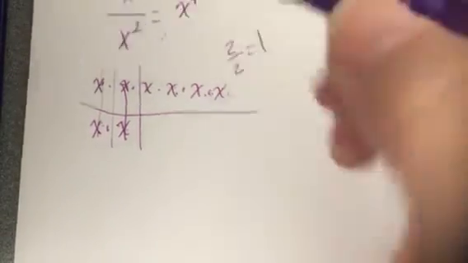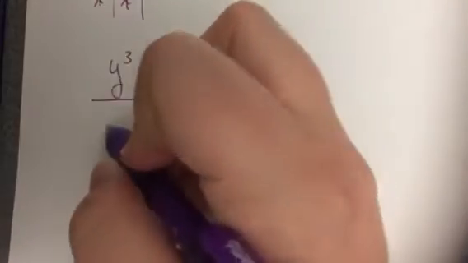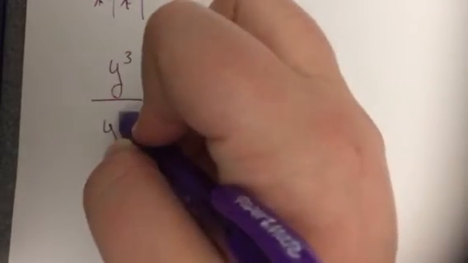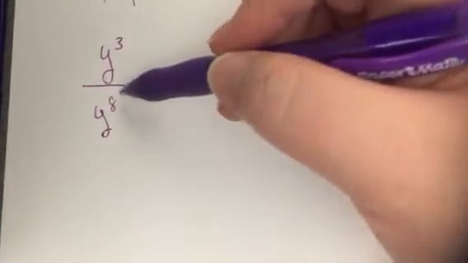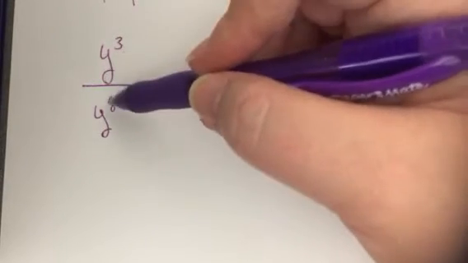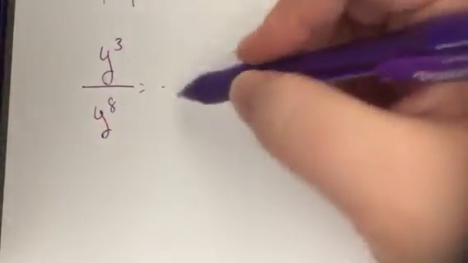Let's look at one where the denominator has a larger exponent. Let's say we have y to the 3rd over y to the 8th. In this case, since our larger exponent is in the denominator, I'm going to just subtract going upwards, okay? So 8 minus 3 is y to the 5th.